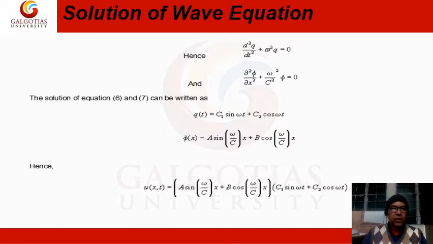So the solution of the wave equation will be given as this. We have to find the solution. Let us take q(t) as this solution, c1 sine omega t and c2 cos omega t.